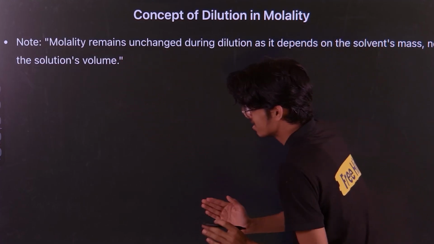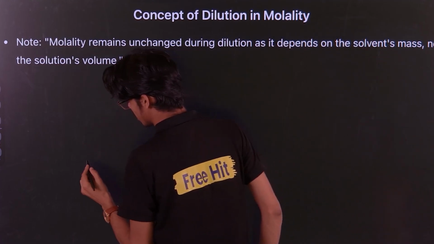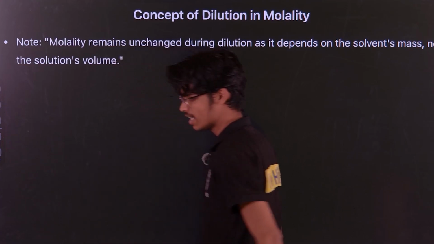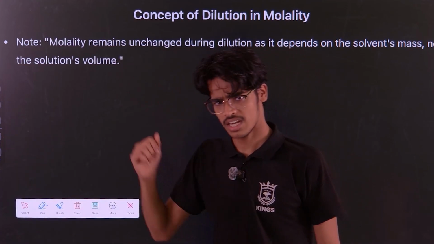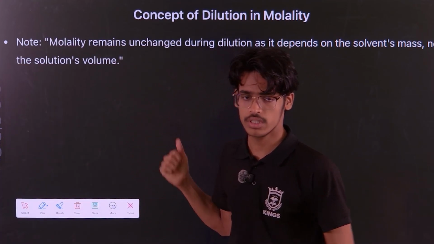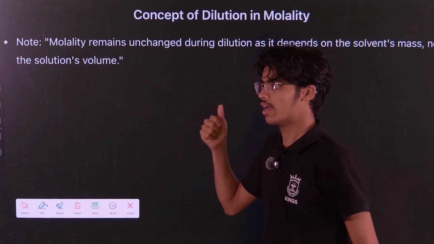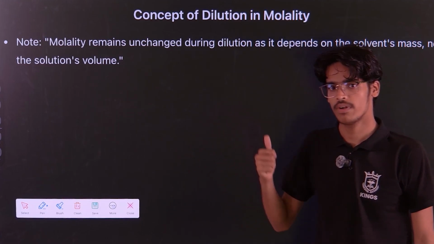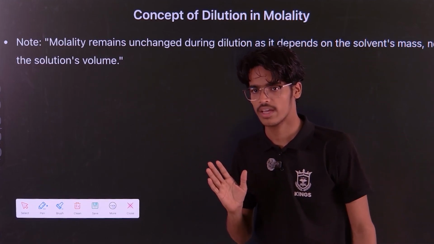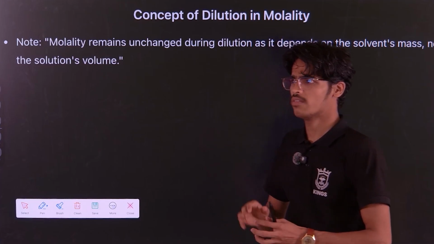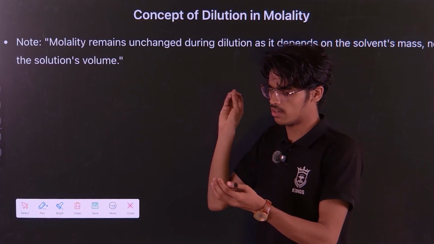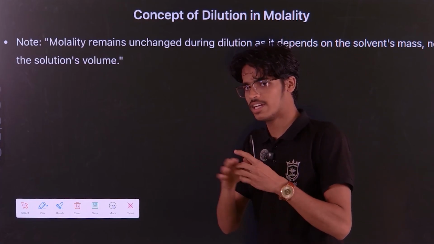It remains unchanged unless one of the factors is being changed. Remember, unless the number of moles of solute is changing. Does the number of moles of solute change in the dilution? No, it doesn't. Does the mass of the solvent change or not? If your solvent is different and you are diluting it with some water content, then it will not change.